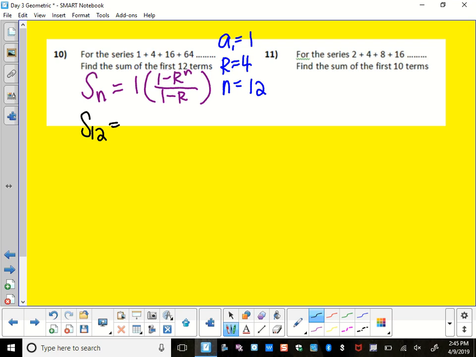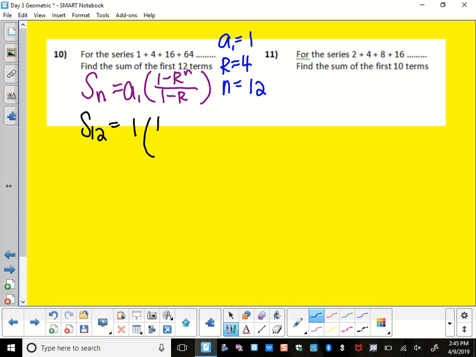And all I'm doing is plugging it into my formula. Oh, wait, hold on. Don't want to confuse you. The formula says A1 there. Alright, so my first term was 1.